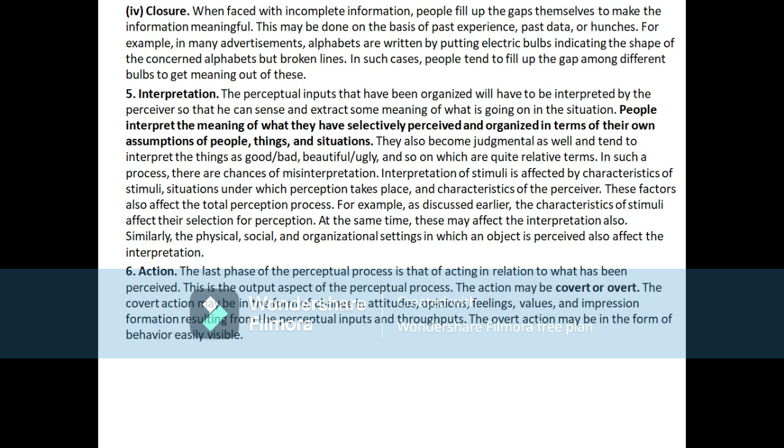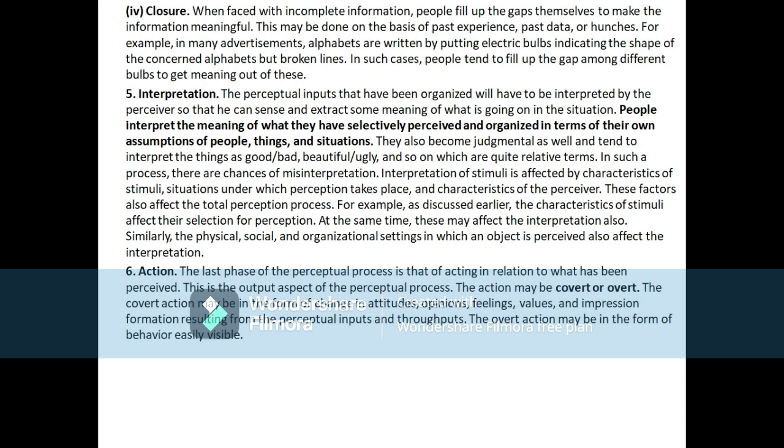So finally interpretation will be done in order to behave. Next one is action, the final phase. Action, the last phase of the perceptual process, is that of acting in relation to what has been perceived. So finally we are responding to that act, object, person, place, anything. This is the output aspect of the perceptual process.